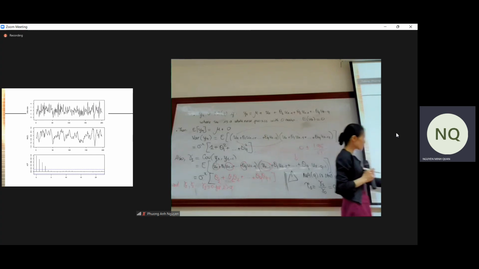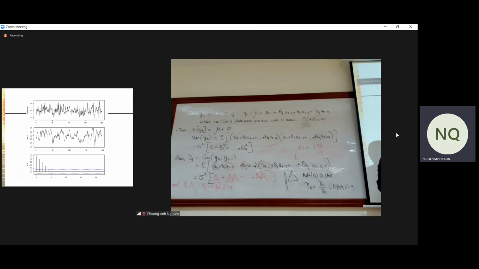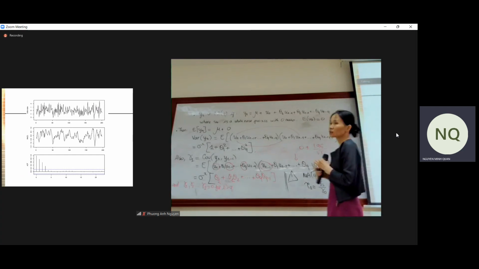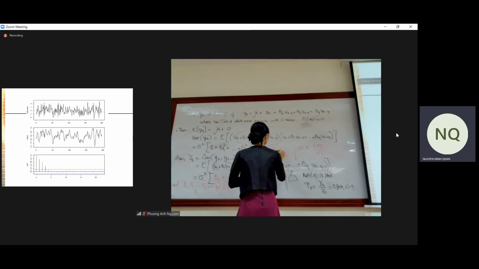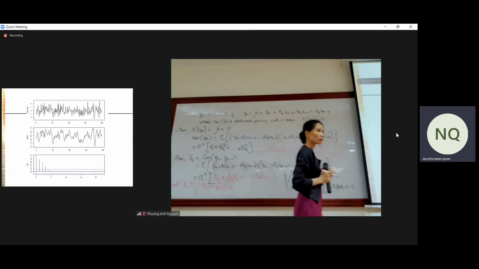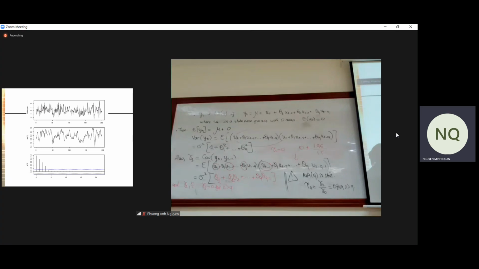Whenever you get a value within the range, it means that it's not significant, and not significant means tau equal to 0. Of course, you have the sample ACF, so it's not exactly 0, but it's somewhat small.